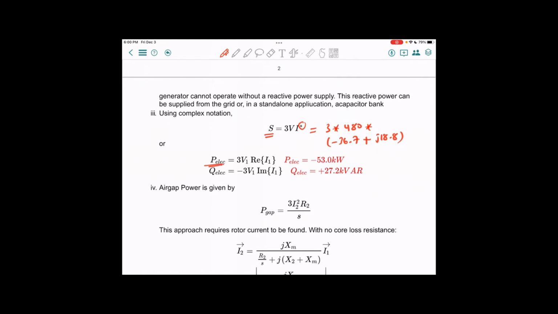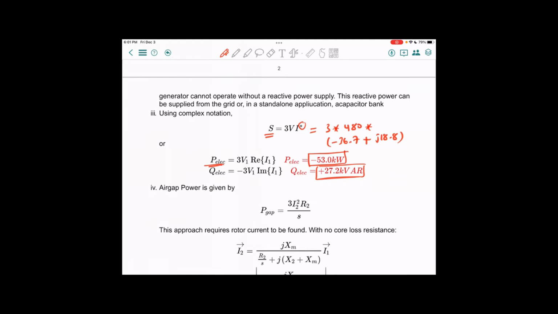P, the active power, is the real part of this, so multiply 3 by 480 by 36.7, and it gives you this value here. And Q, the imaginary part, will be 3 V by 18.8, which gives you this value here.